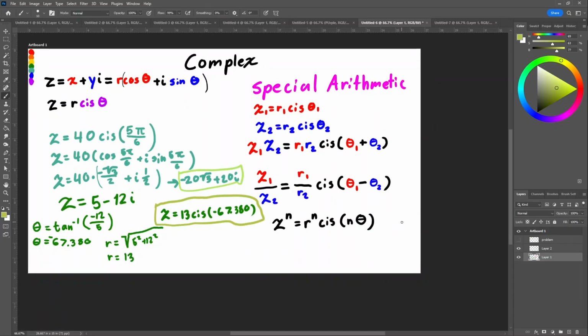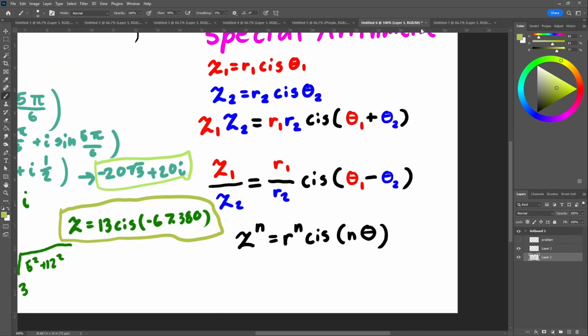And the last one, the one that we use in our next topic the most, Z to the power of n is equal to R to the power of n times cis of n times theta. So to write this one out, because this one can be a little bit confusing, if we had Z squared, that is equal to R squared cis 2 theta. And that's how you would find that.